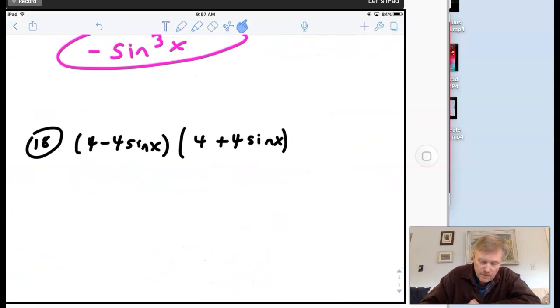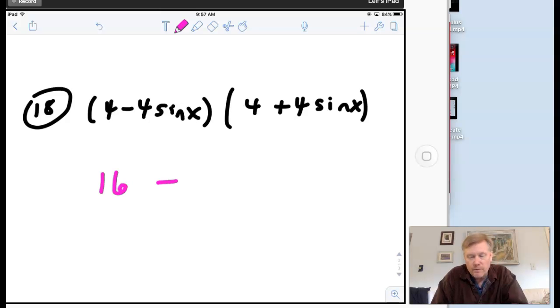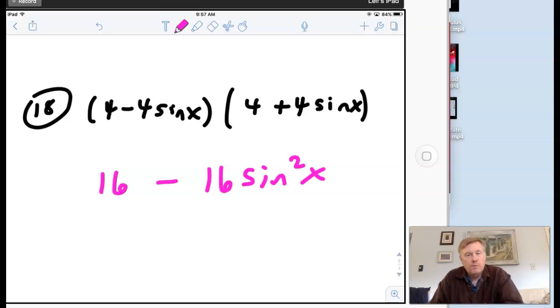18. So this one, that's a difference of 2 squares. If I multiply those together, you could do FOIL or box, I guess, if you like. 4 times 4 is 16. Square the front number. Multiply the back numbers together. If you square those together, I get 16 sine squared of x, which looks pretty good.